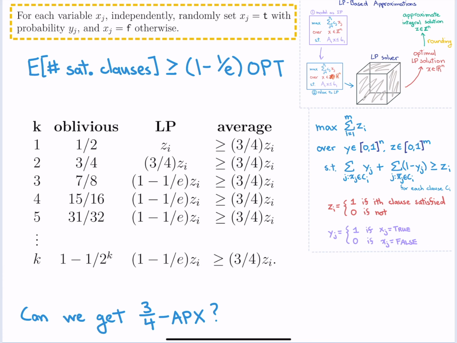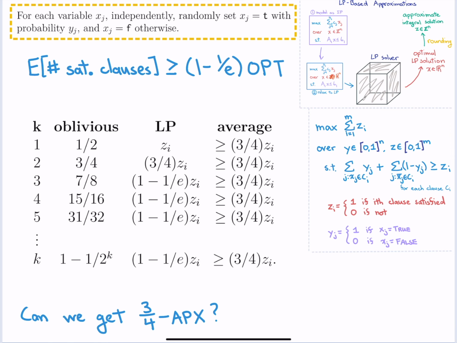So the question is, is there anything we can do to get the best of both worlds? I have two different algorithms. One is to completely randomly flip coins. The other is to solve the LP and round according to the assigned values. Is there any way to somehow mix them?